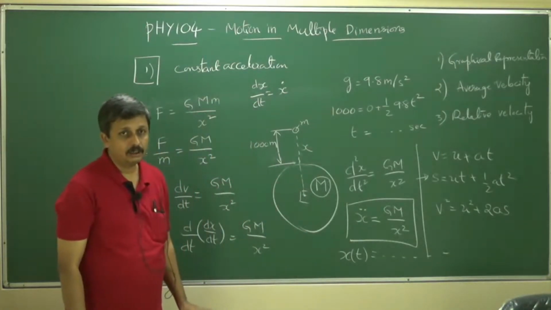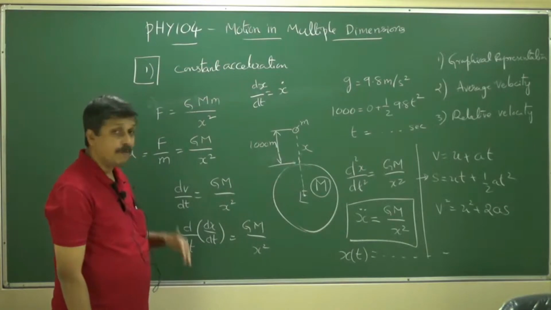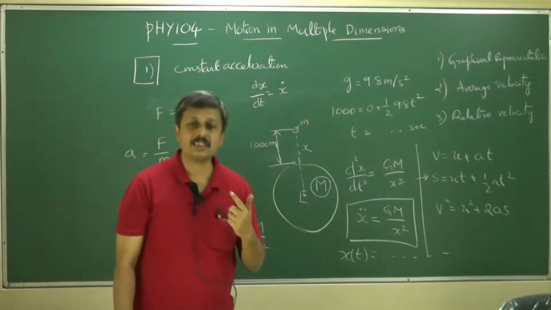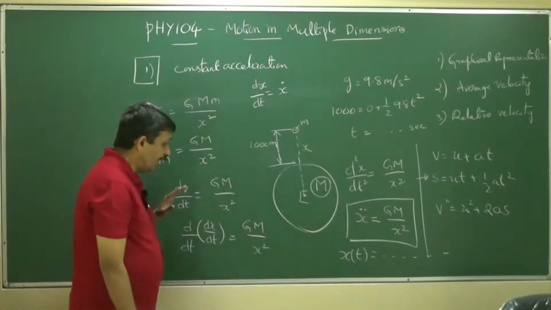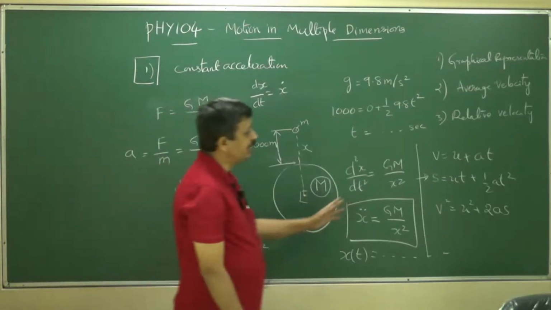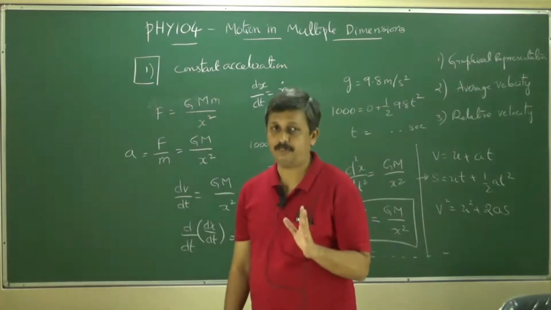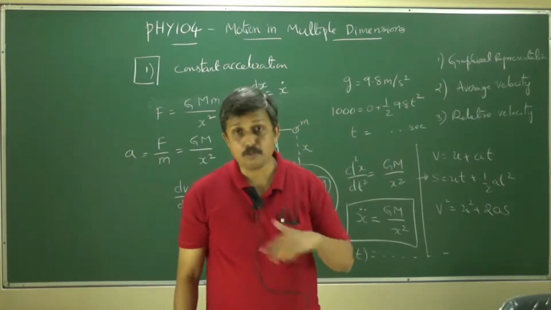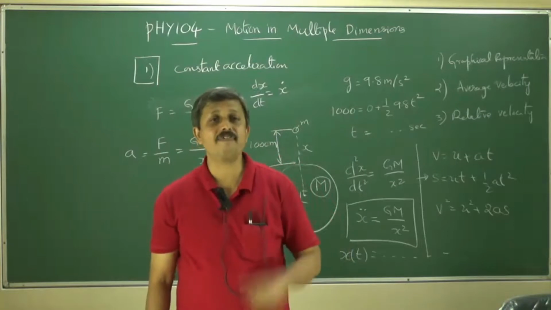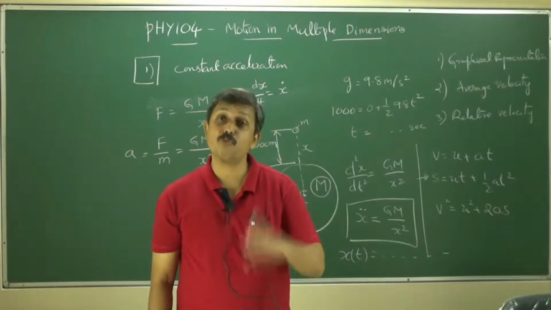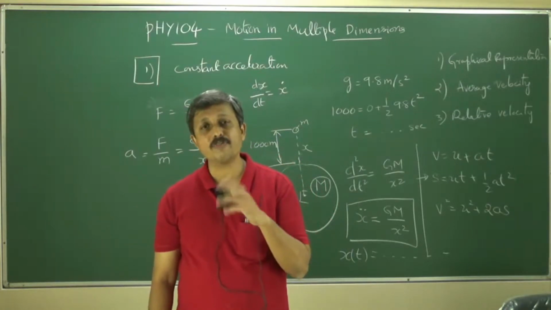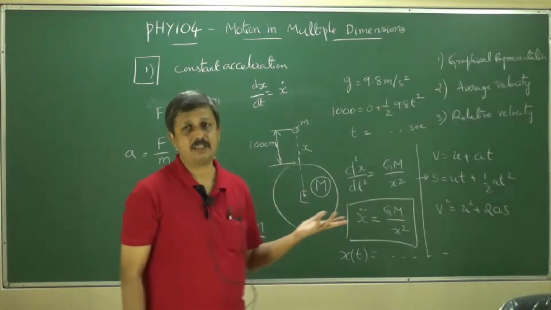What we are going to do now is to make you understand that constant acceleration is just an approximation that we have used till now, which is not going to be true in general. But in most scenarios, that kind of approximation works. Sometimes when we go for exact calculations, it is not possible to use that.